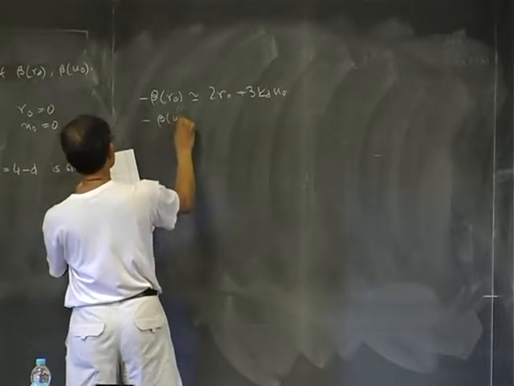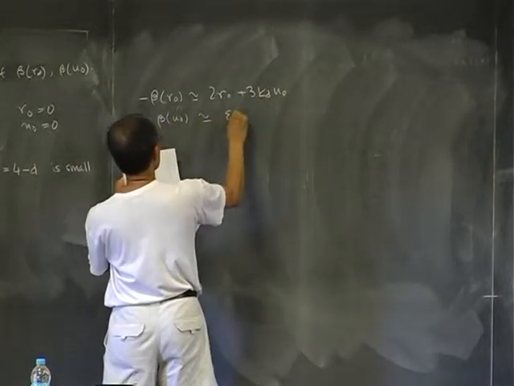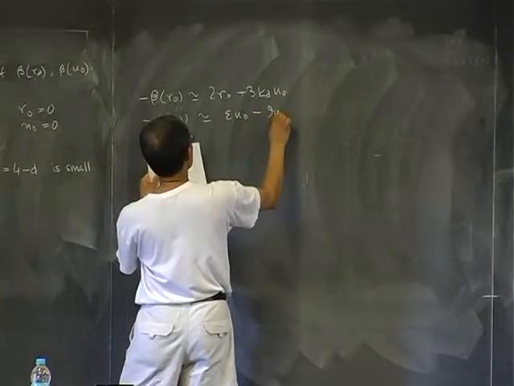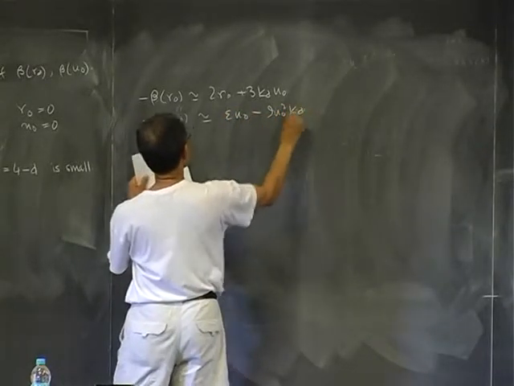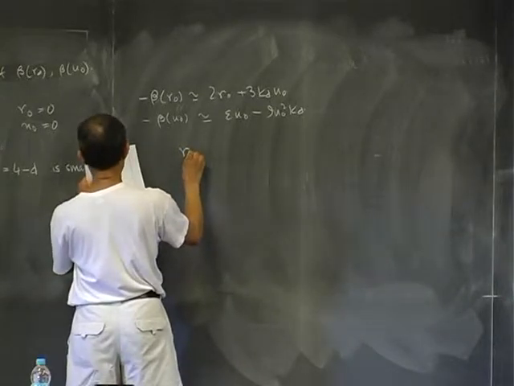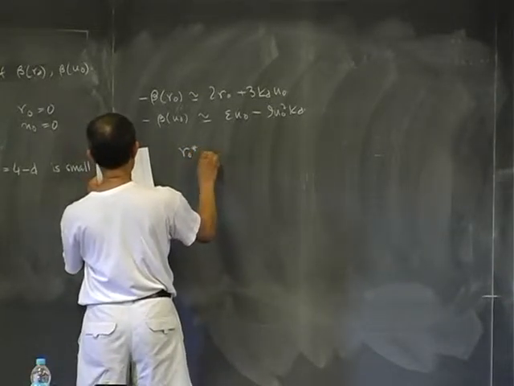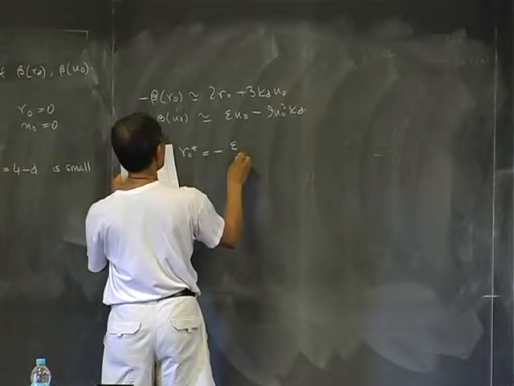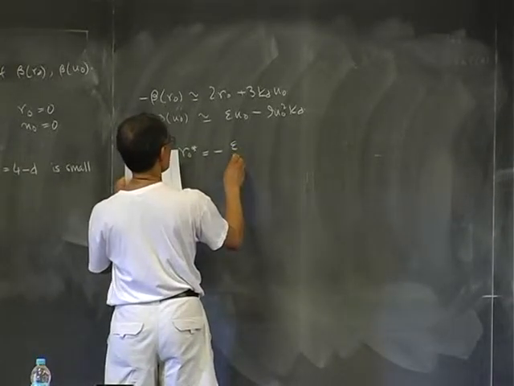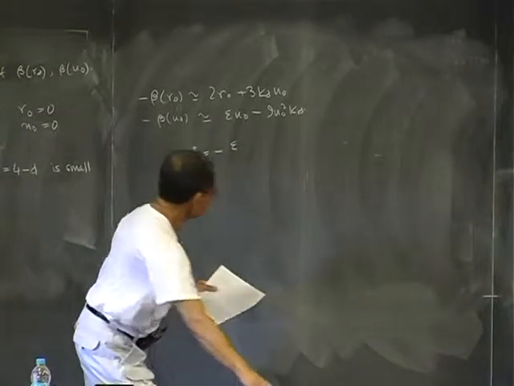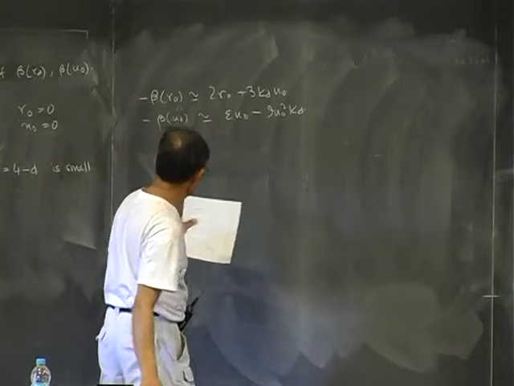Beta of U naught is given by epsilon U naught minus 9 kd U naught squared. So this gives you a fixed point.